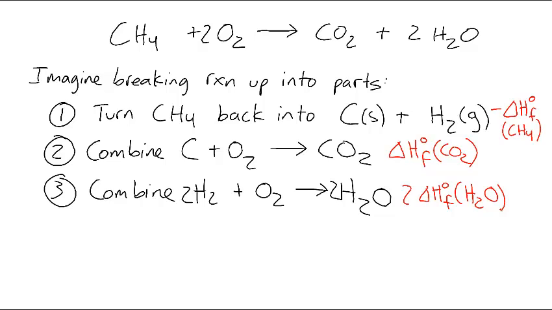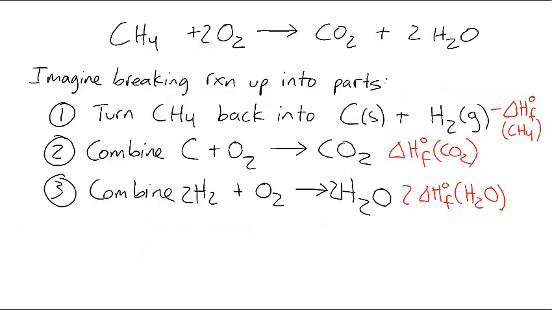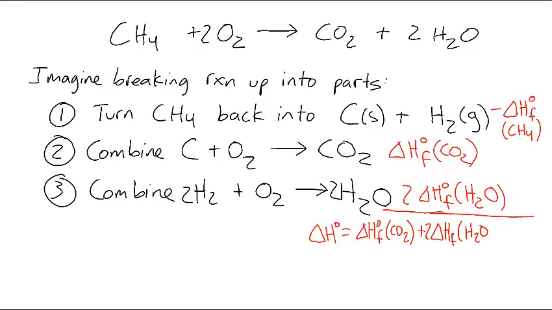So whenever we use this equation that says sum of the heats of formation of the products minus sum of the heats of formation of the reactants, you can imagine that this is what we're doing. Notice I took the heats of formation of my products, right? In the end, when I add these together, my overall delta H would be heat of formation of CO2 plus 2 times the heat of formation of H2O minus the heat of formation of CH4.